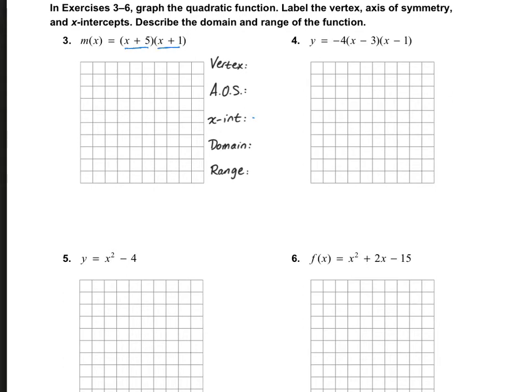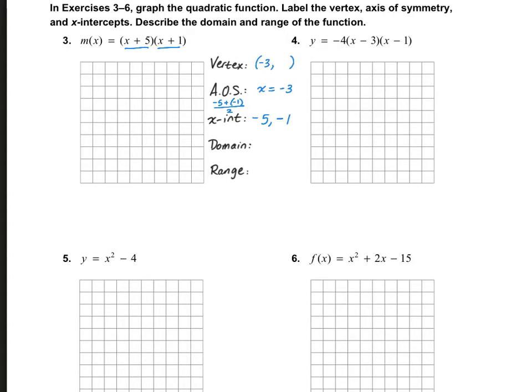The x-intercepts would be -5 and -1. The axis of symmetry, remember, is the average of those 2 x-intercepts. So -5 plus -1, and since there's 2 of them, we divide by 2. That gives us the axis of symmetry as -3. Once I have my axis of symmetry, I can find my vertex because the x number of the vertex is -3.